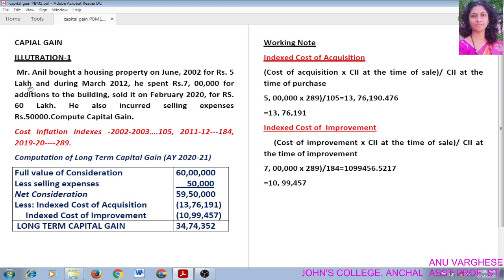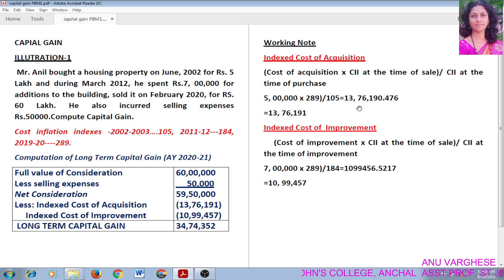Purchase price is rupees 5 lakh. So 5 lakh into cost inflation index at the time of sale, 2019-20 cost inflation index is 289, divided by cost inflation index at the time of purchase. Here it is stated that he bought the house property in June 2002, so we have to consider the cost inflation index of 2002-2003, that is 105, divided by 105.